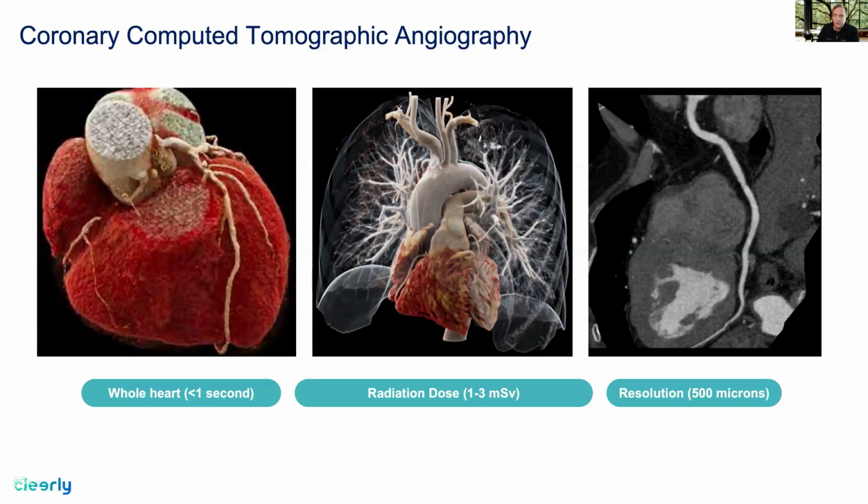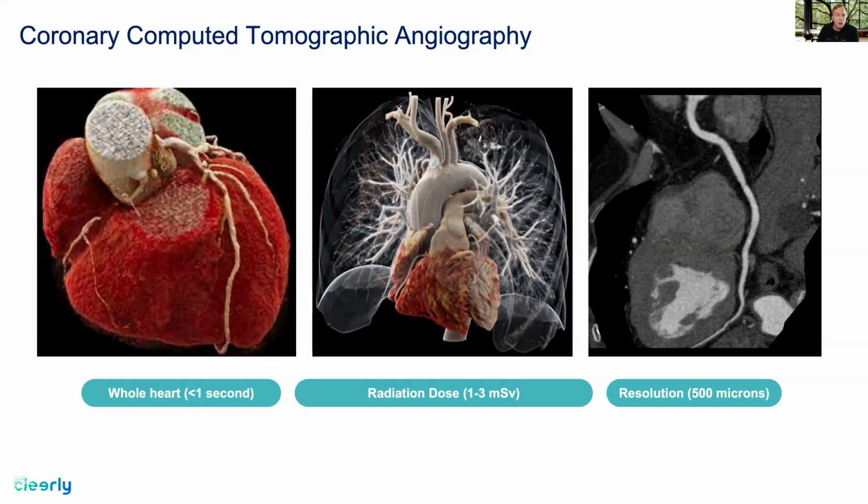We know that coronary CT has come a long way in the past almost 20 years. I personally was a bit of an early adopter of coronary CT, and did my first cardiac CT study clinically on a 16-slice scanner back in 2003, so that's coming up on almost 20 years. But nowadays it's come a long way.